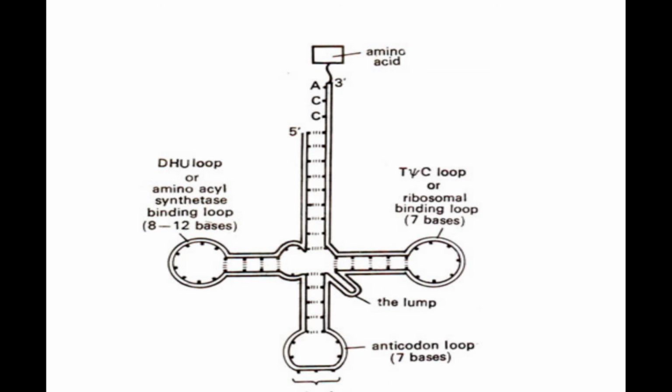The D arm contains dihydrouracil, an unusual base, a special base. This actually helps in recognition of tRNA by the enzyme aminoacyl tRNA synthetase. The T/C arm contains 2 unusual nucleotides, ribothymidine and pseudouridine.